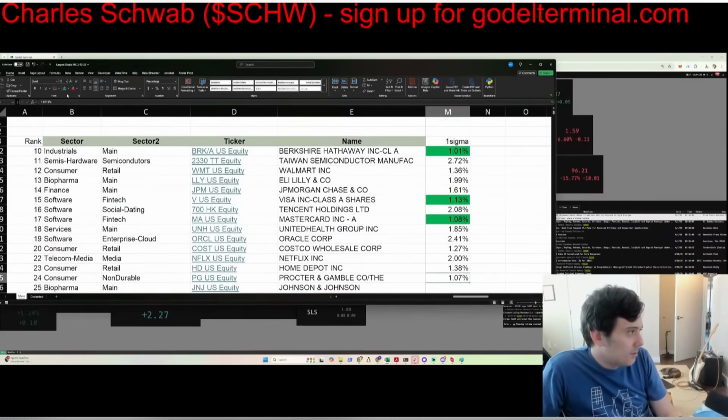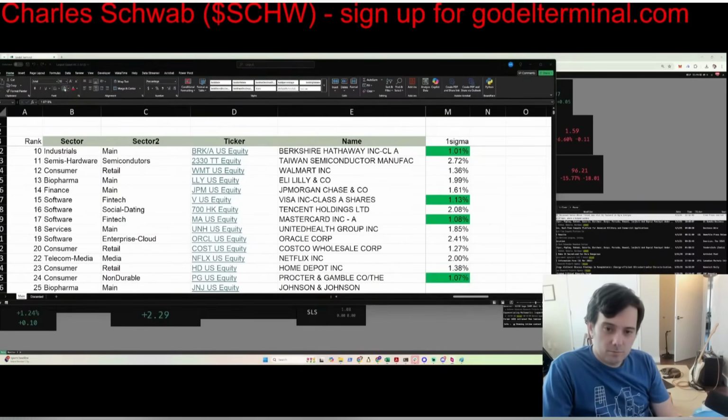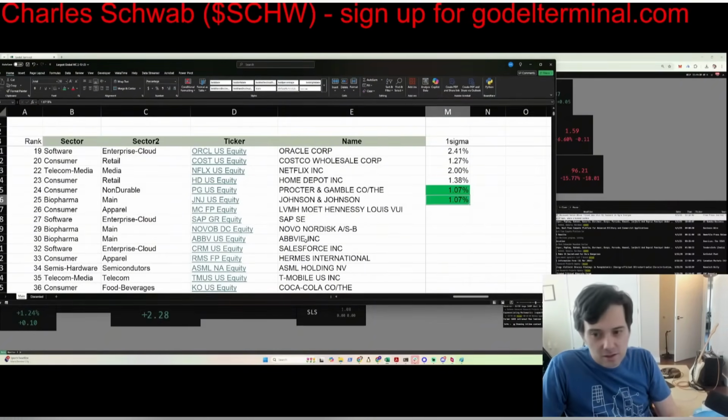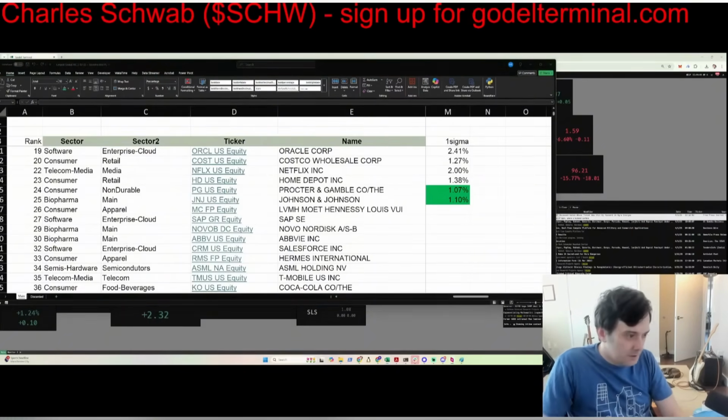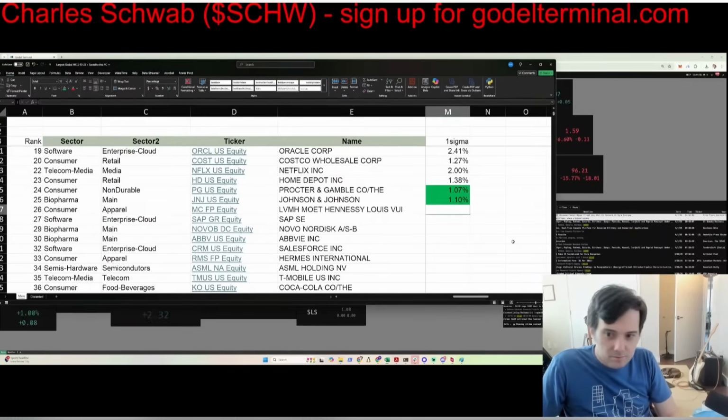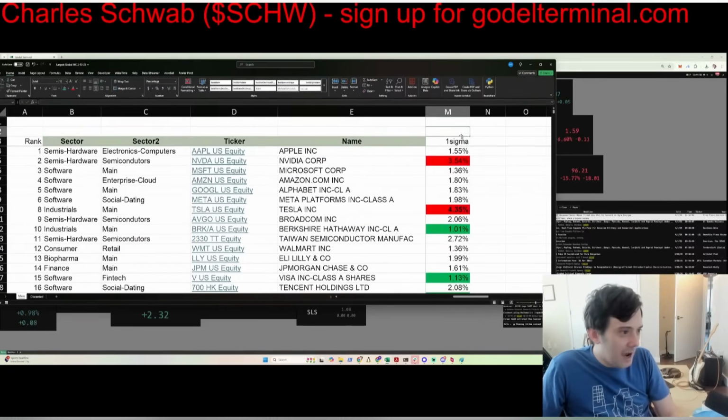Procter almost as low as Berkshire as well. I'm still a Larry Ellison fan. J&J almost as low, amongst the lowest. How about Louis, LVMH? Pretty normal. So now let's look at the average of these, right?